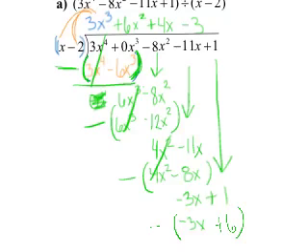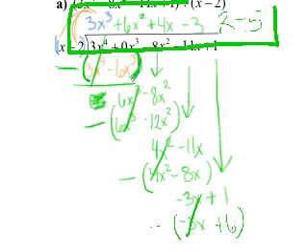Parenthesize, subtract. This cancels. 1 minus 6 is negative 5. That is your remainder. So this is your final answer. There's no reason why that 3x cubed is blue. I just changed colors in the middle of my problem. Any questions? That's okay? All right.